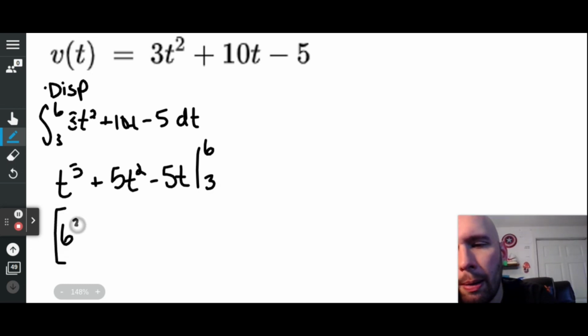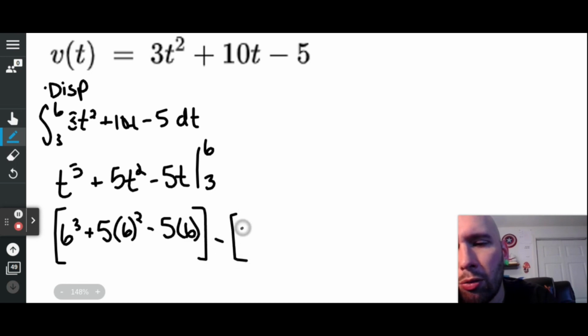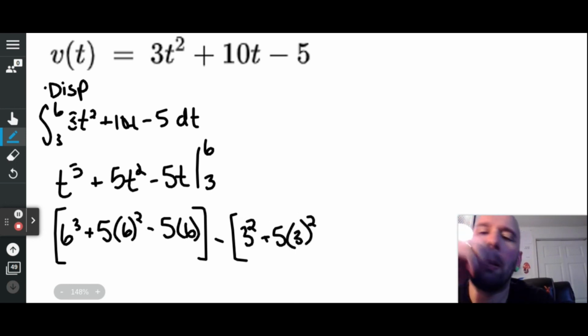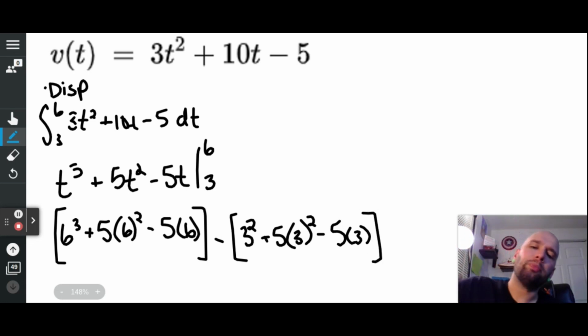Six cubed plus 5 times 6 squared minus 5 times 6, minus 3 cubed plus 5 times 3 squared minus 5 times 3. 6 cubed plus 5 times 6 squared minus 30.